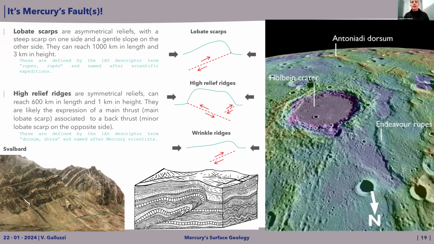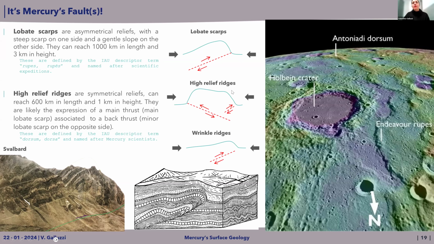These scarps are the surface expression of reverse faults, and especially they are low-angle thrusts. So we have low-relief scarps that have an asymmetrical profile with a very low angle reverse fault.